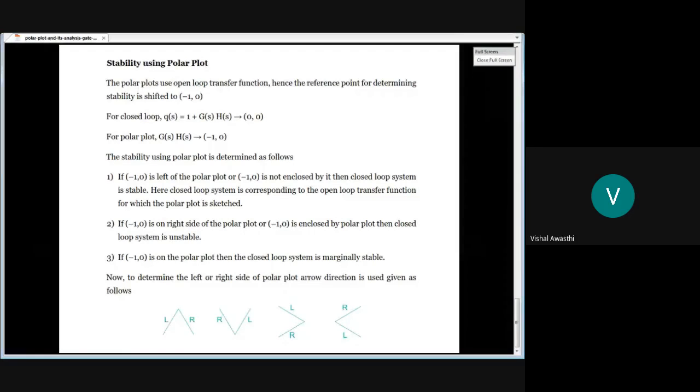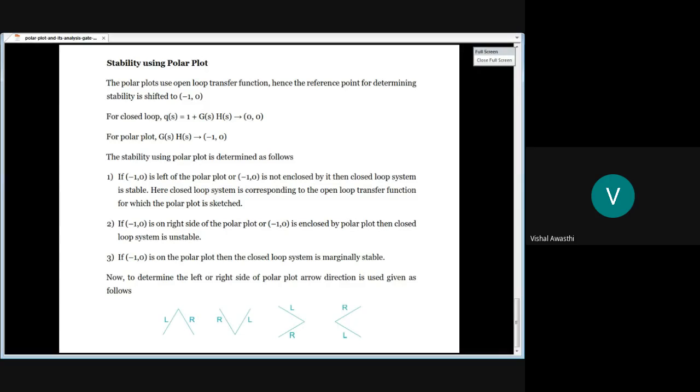So this is actually the main thing. But if your plot is passing through your -1, 0, it means just on the same crossing point -1, 0, this is nothing but a marginal case.